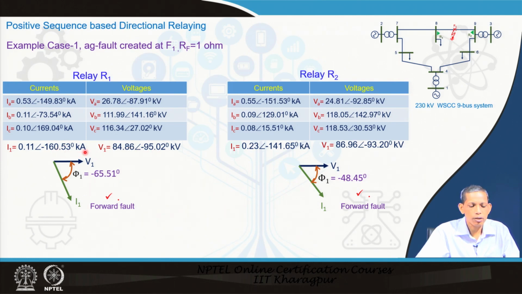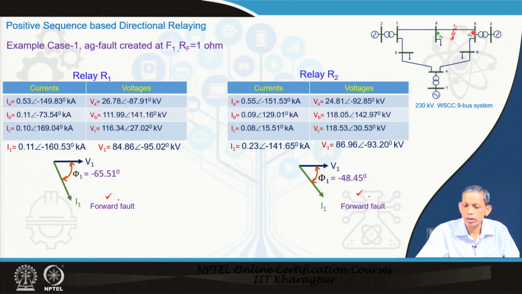So, angle of I1 minus angle of V1 is minus 160.5 plus 95. That gives us minus 65.51. So, this is the angle phi 1. This angle is negative, which implies the fault is in the forward direction. So, from this computation as seen by relay R1, the phi 1 angle indicates that the fault is in the forward direction, which is correct.